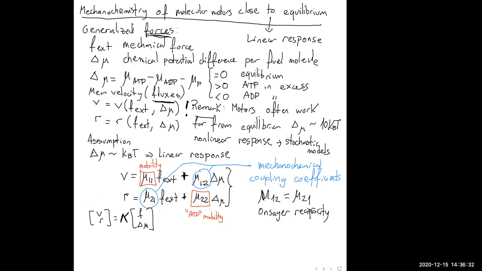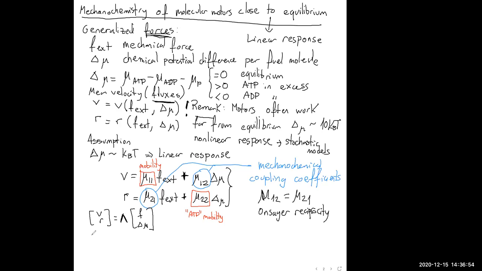And this matrix lambda has different elements: the first element, the second, the third, the fourth. And typically, the determinant of this matrix is positive, otherwise the system is not stable. But we will see that this has some consequences, especially in the thermodynamics.